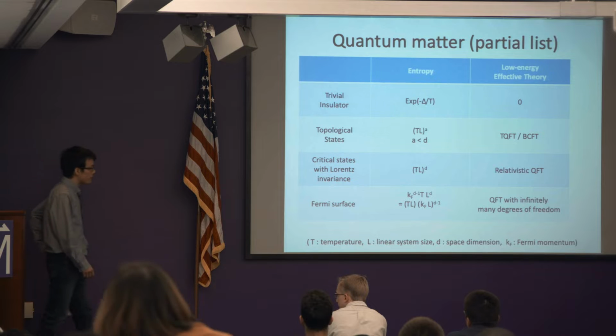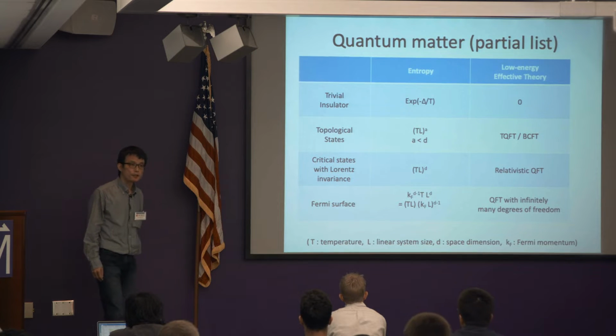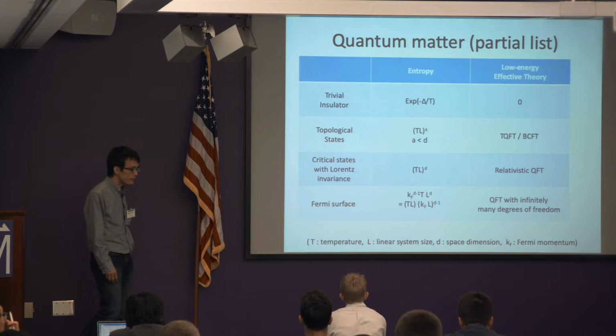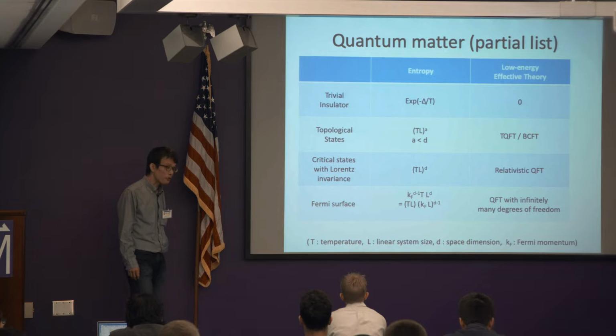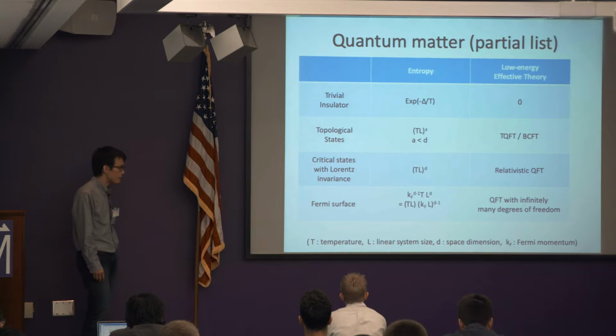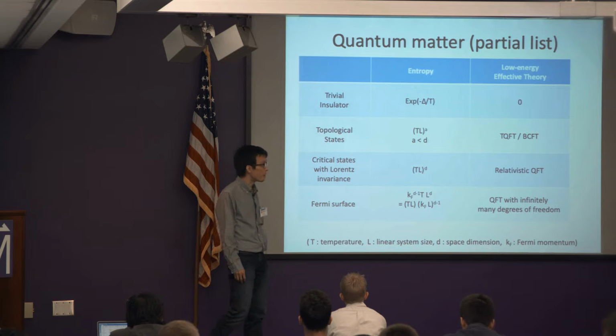So in condensed matter physics, we want to capture universal long-distance physics using effective theories. The effective theory is not only a useful computational tool, but it's also very useful in classifying different states of quantum matter.